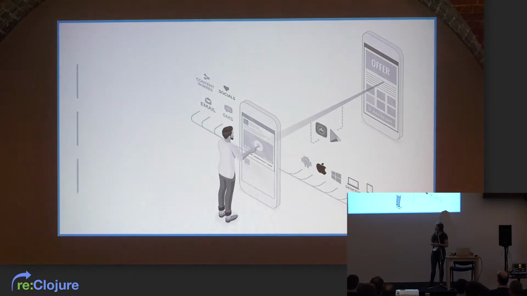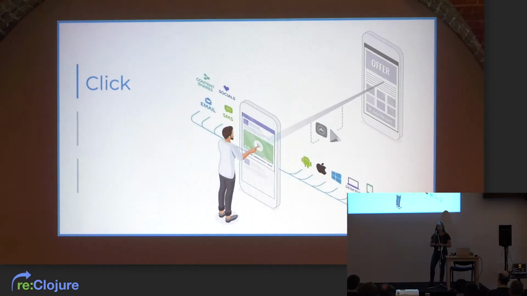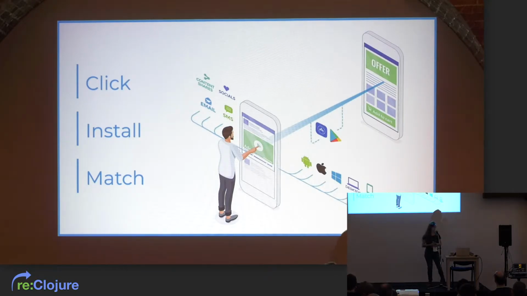To keep it simple, when a user clicks on an ad, then maybe installs an app from the App Store, maybe it's iOS, maybe it's Android, we match between events that are sent from the app using our SDK to our servers, and the click and install. By that we have better insights on the campaigns, where the user comes from, and help our customers understand how their campaigns are performing.